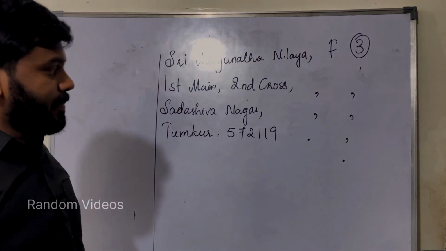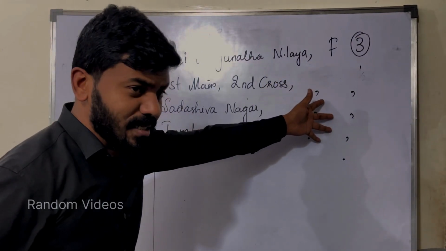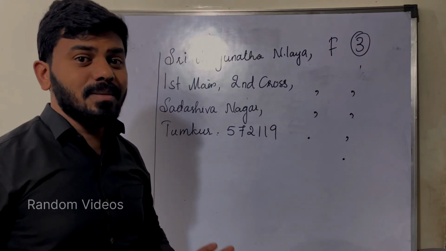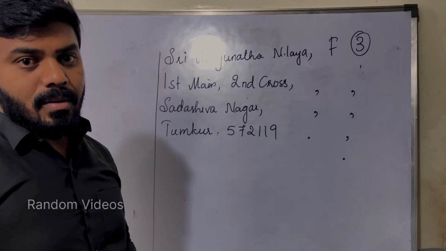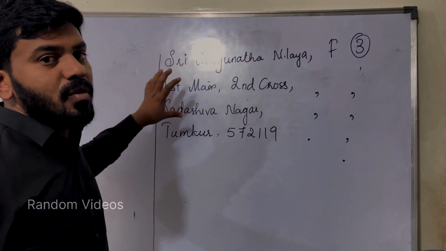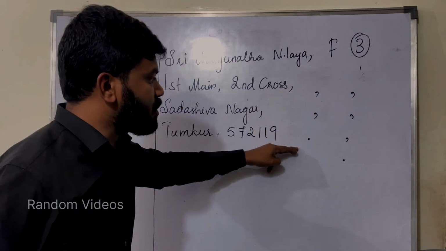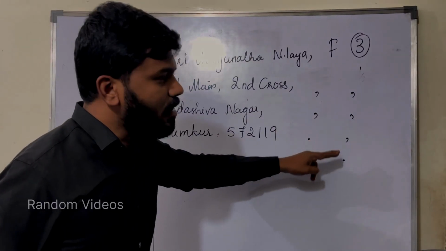Your address can be three lines or 4 lines, but it should be a plausible one. So keep 3 to 4 lines of the address.